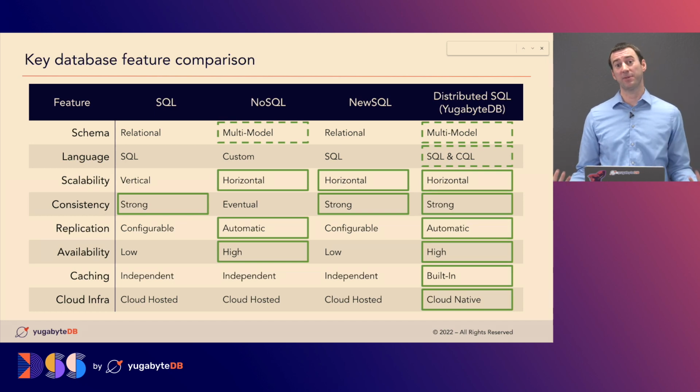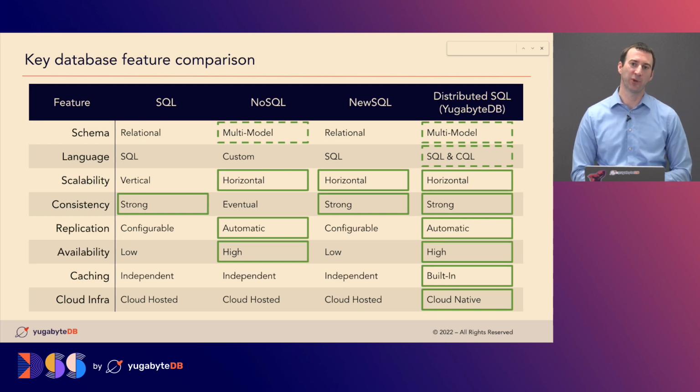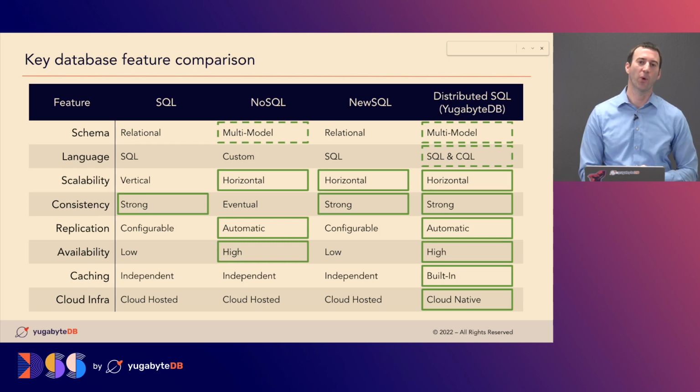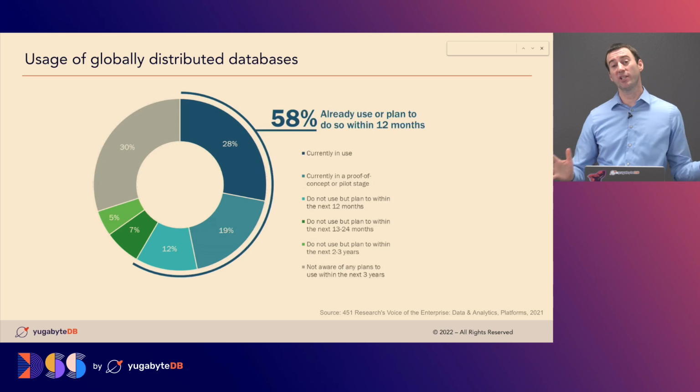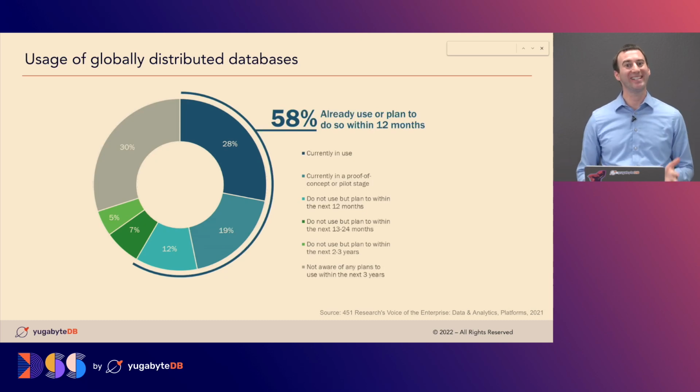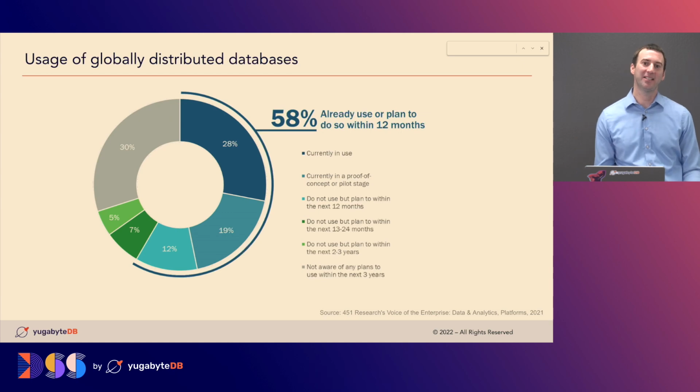What we spent a lot of time today at DSS talking about is how we are delivering all these features and really bringing together all these things you need into a single database. So as you move forward, you have that database that can provide, again, the best of all these worlds. And good news is, you and your peers, we're seeing the adoption. Without a doubt, this is our largest DSS to date.